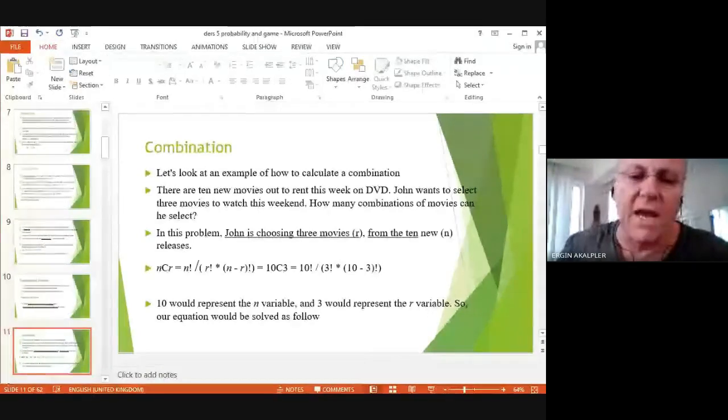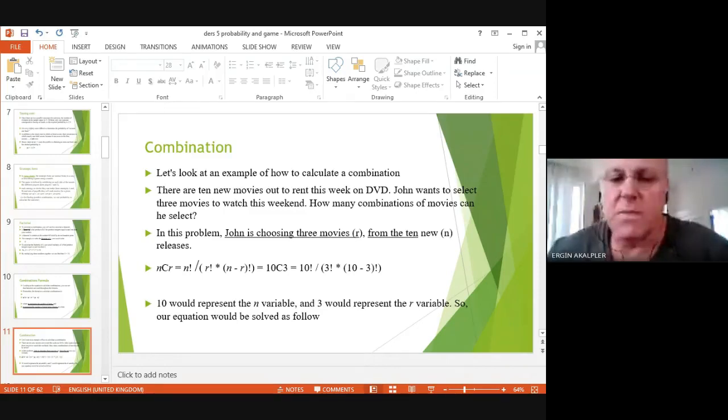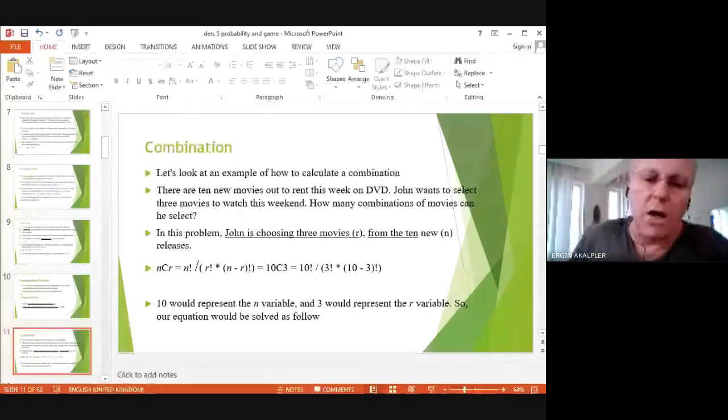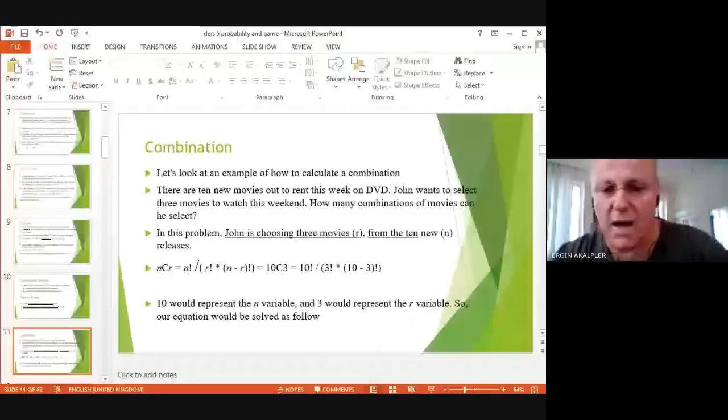Therefore, 10 choose 3, where 10 is the number of items and 3 is the number chosen. So 10 factorial will be divided by 3 factorial multiplied by (10 minus 3) factorial. 10 factorial is 1, 2, 3, 4, 5, 6, 7, 8, 9, 10 multiplied, divided by 1, 2, 3 multiplied, and in the bracket, 10 minus 3 is 7.